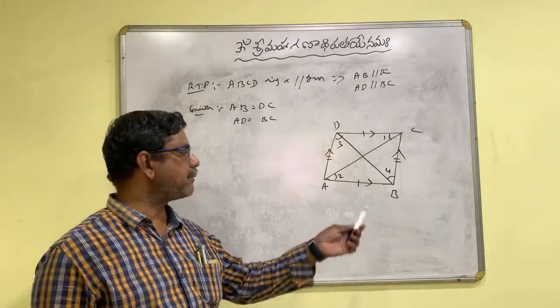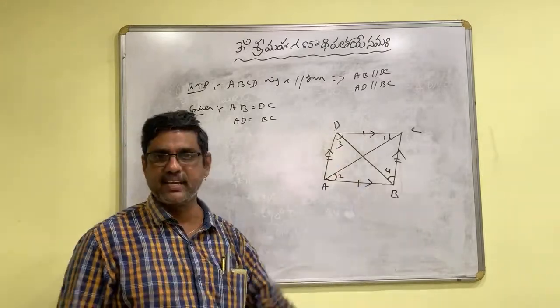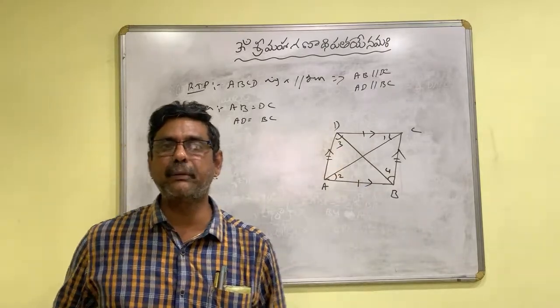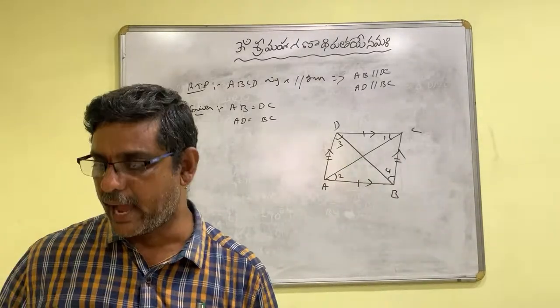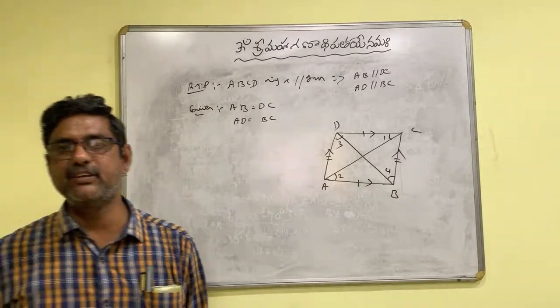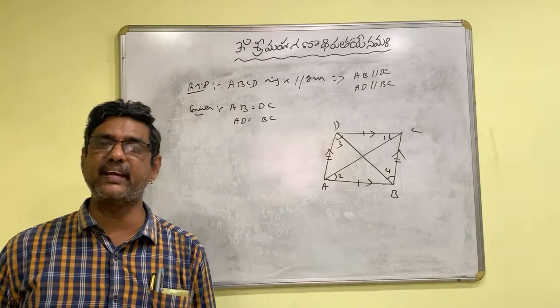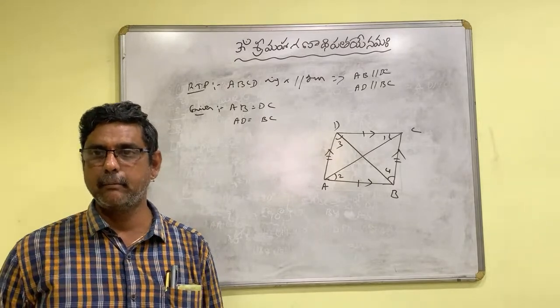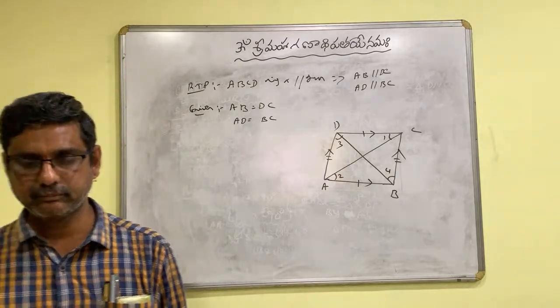Previously we proved that AB parallel to DC. Now we proved that AD parallel to BC. Now both pairs of opposite sides are parallel. So ABCD is a parallelogram.